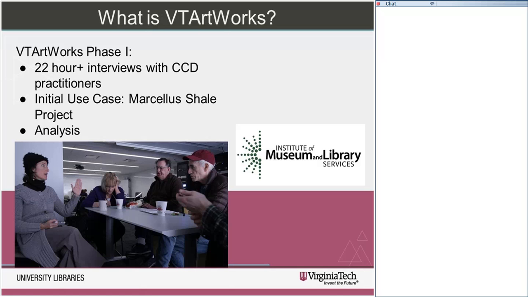So this group came to Virginia Tech, and their plan is, well, was and is, because it's ongoing, to put on a production of this play, Marcellus Shale, in a variety of different locations across the United States, with modifications to the play based on the experiences of each individual community and location.